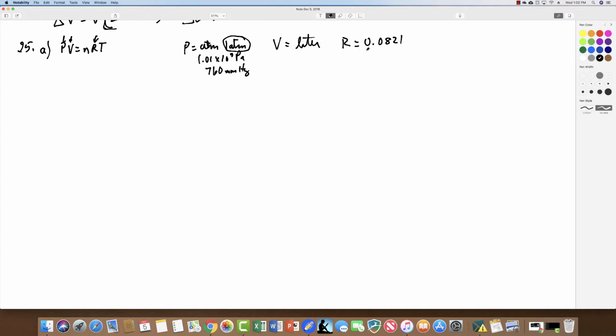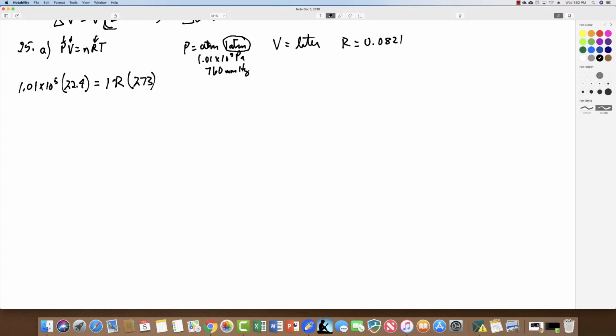Now, if you want to use a different R, then for example, you'll put in 1.01 times 10 to the 5th, and that's the normal pressure at standard temperature and pressure. For volume, you'll assume 1 mole, and molar volume is 22.4, and then that's 1 mole of gas. R is what you want to know, and then T is 273, or 0 degrees centigrade.